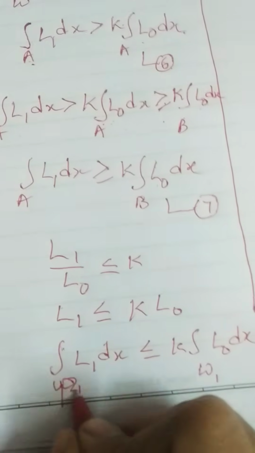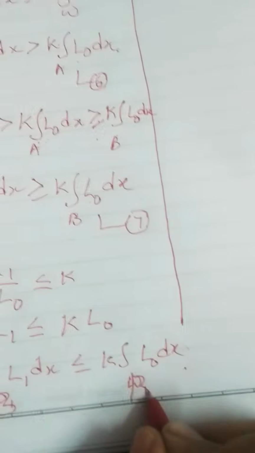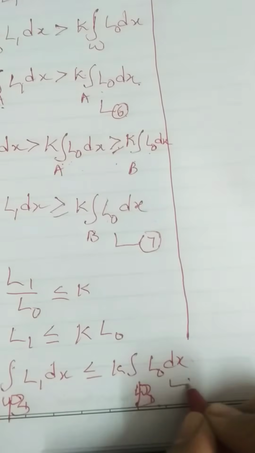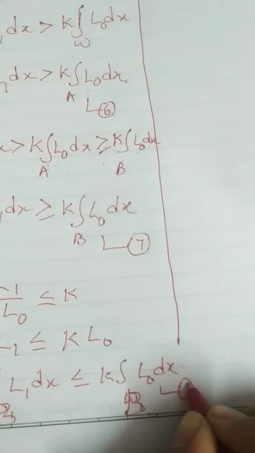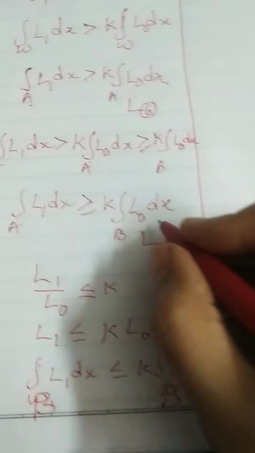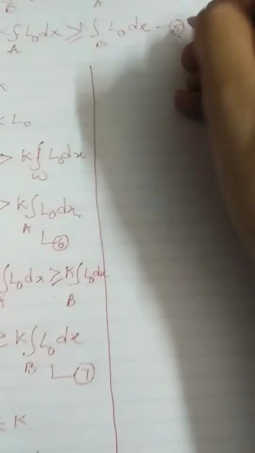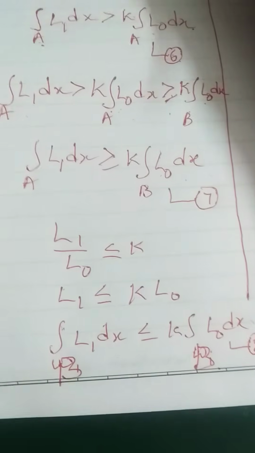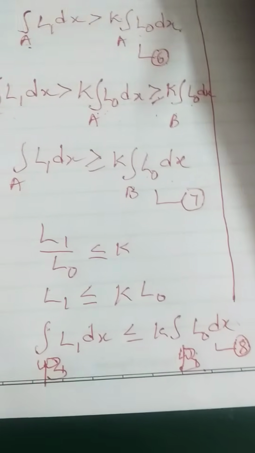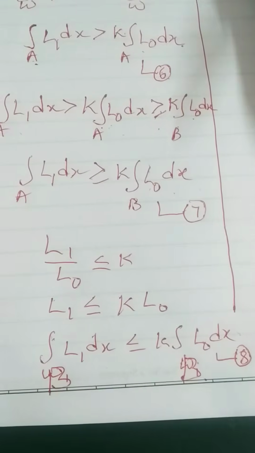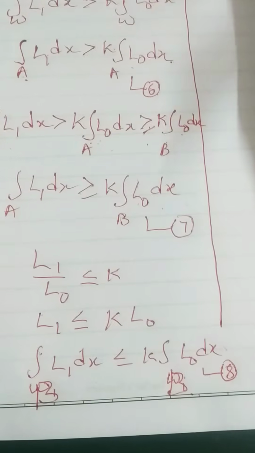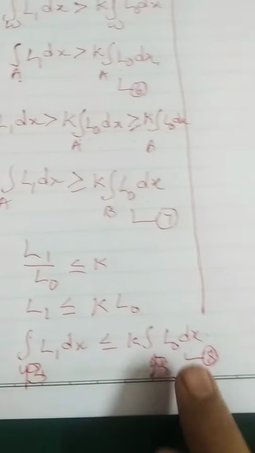Because it is a subset of B, instead of writing omega 1, we can write B and B also in the next line. Then students, this part we will denote it as equation 8. This and this we are going to write here. This I am writing it as integral of B L1 dx less than or equal to k integral of B L0 dx. This and this I have written.